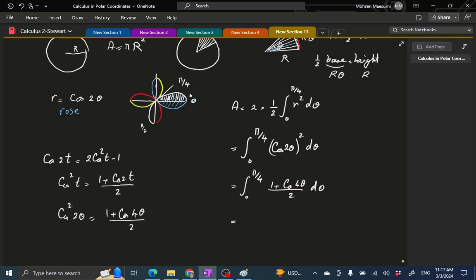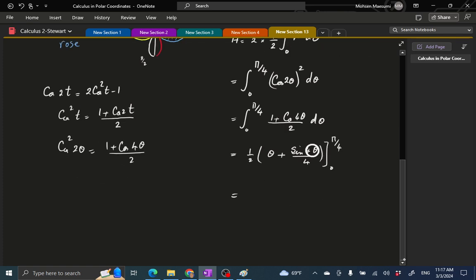Antiderivative of this thing is, of course, let's take a half out, and then I'll have antiderivative of 1. Antiderivative of cosine is going to be sine of 4 theta over 4. This whole thing between 0 and pi over 4.